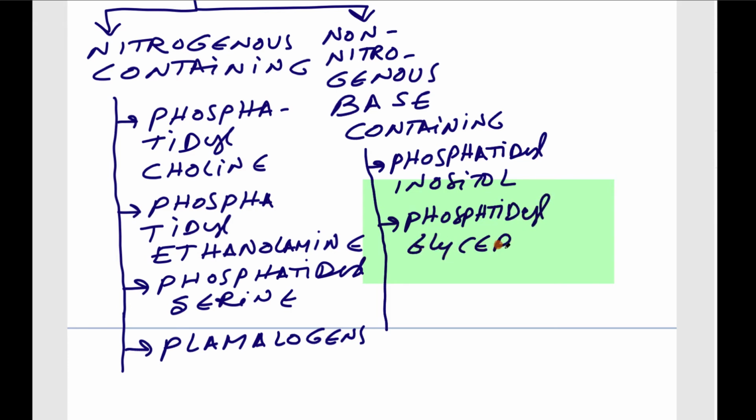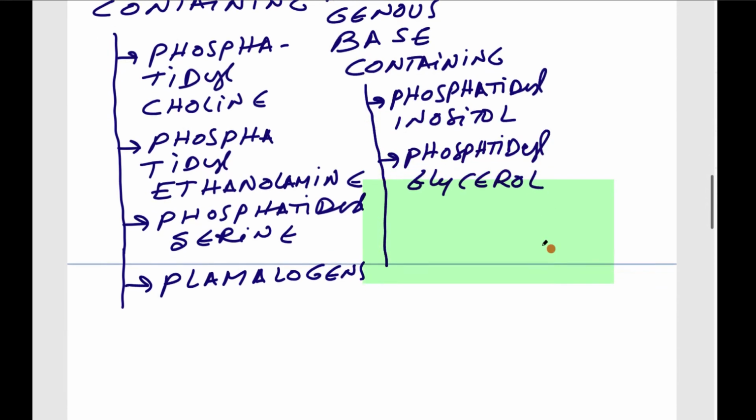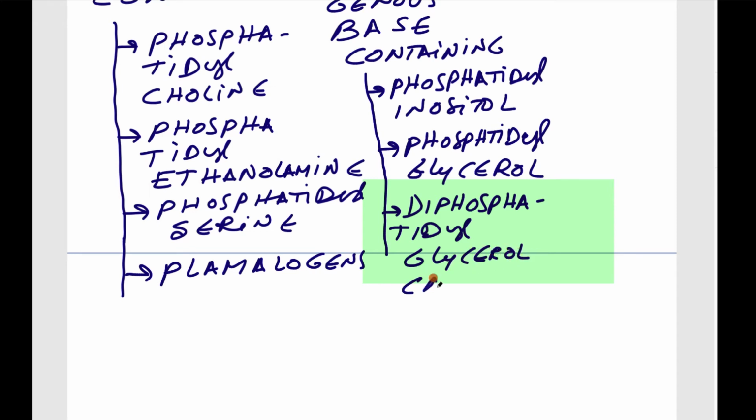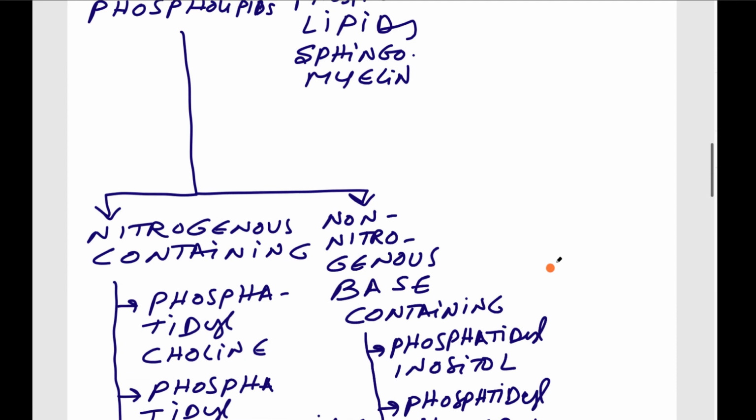It is a surfactant found along with dipalmitoyl lecithin. Then diphosphatidyl glycerol, called cardiolipin, which is rich in mitochondria. These are the non-nitrogenous base containing lipids.